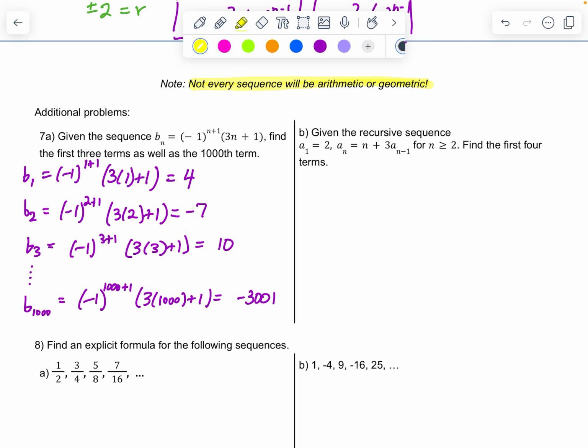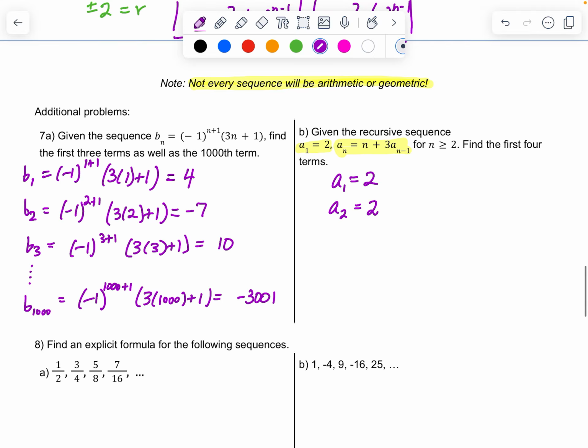This next one's a little bit trickier because the first term is 2, and then they give us a recursive formula, and this one's a little bit different looking. It says find the first 4 terms. Well, they gave us the first one, 2. To find the next one, this would be n plus 3, and this means the term before. So the term before is 2.